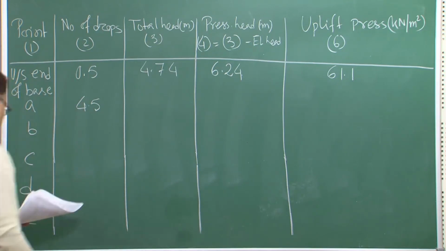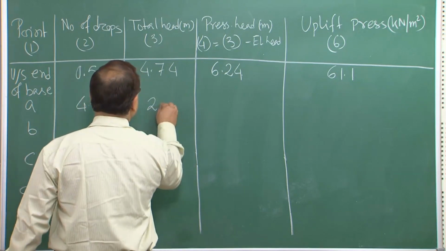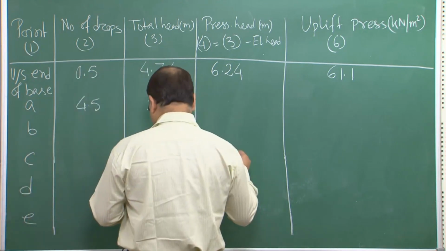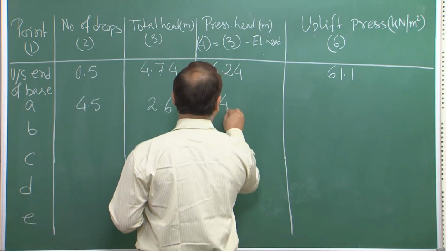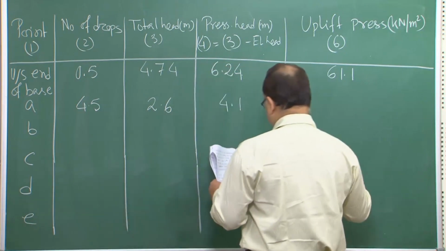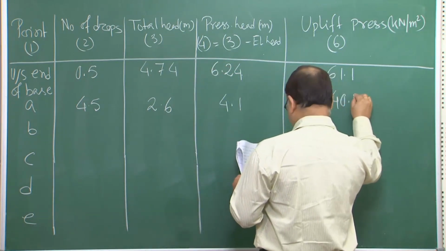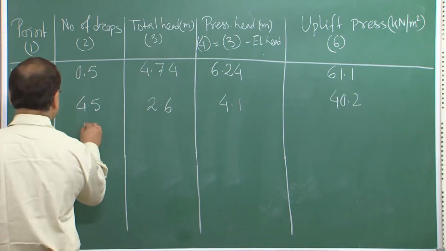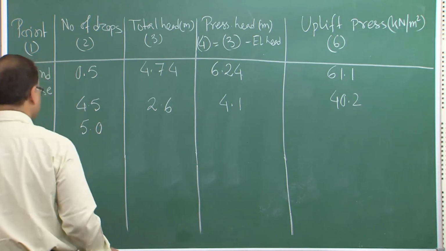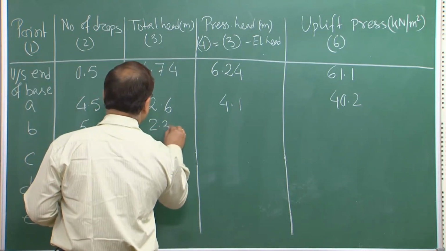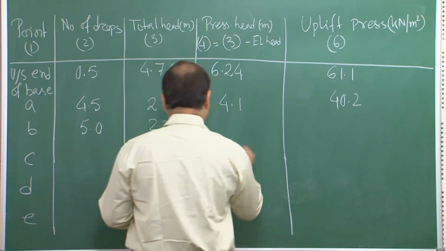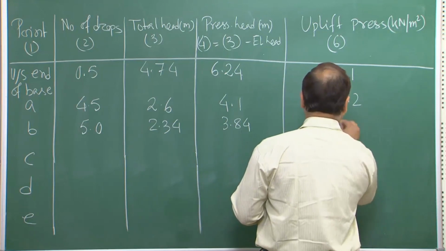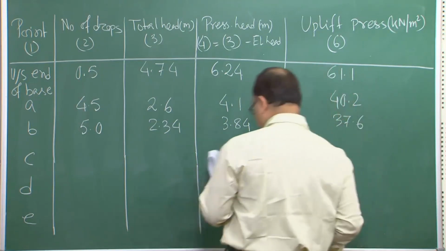So, 4.5 and the total head is 2.6, that you can calculate, and then the pressure head will be 4.1 and the uplift pressure will be 40.2. Similarly, for B we have already calculated 5 as the number of drops, 2.34 as the total head, 3.84 as the pressure head and 37.6 as the uplift pressure.